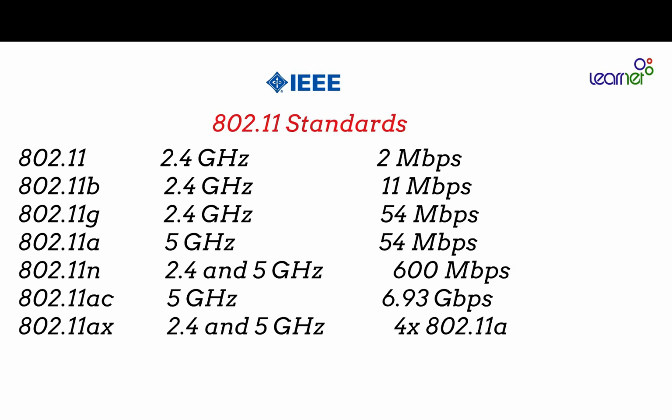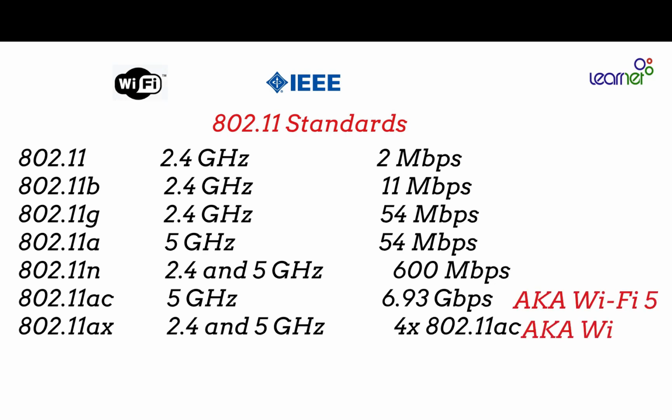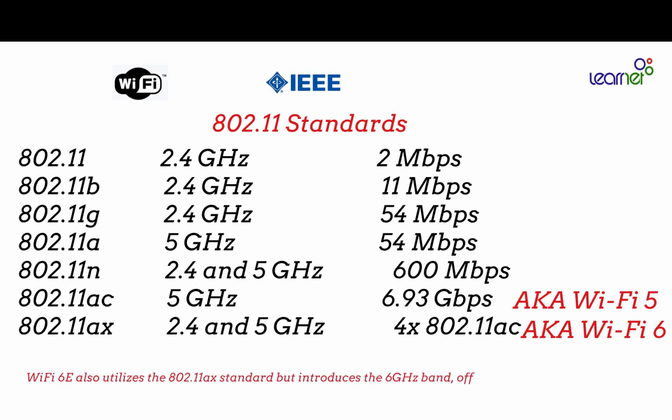And recently things have changed. It's not depicted in this slide, but as I mentioned, Wi-Fi 6E and also Wi-Fi 7, which will be released very soon, actually use the 6 gigahertz frequency as well. Also, a group of companies that manufacture wireless devices got together and defined the Wi-Fi Alliance.